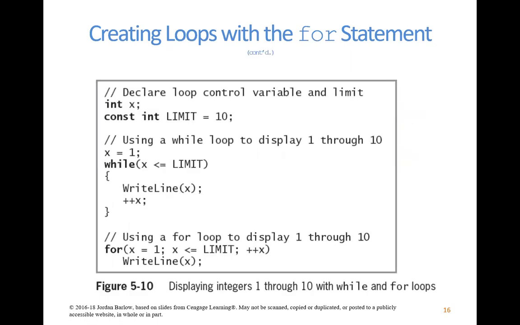So to put that into context, you can see here a very simple example from the textbook of doing the same thing in a while loop as in a for loop. And you can see that the for loop is much more efficient. So in the while loop, you remember we had to declare a loop control variable.